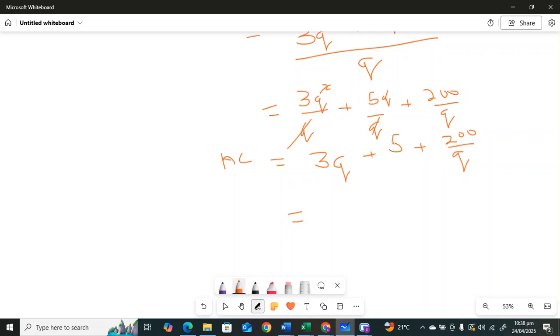Even this 5, since it doesn't have a Q, it disappears. This 200 over Q, since the Q is below, we need to apply the laws of indices. So when we derive 3Q first, what do we get?